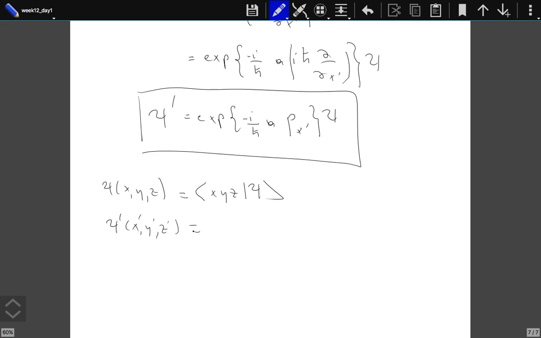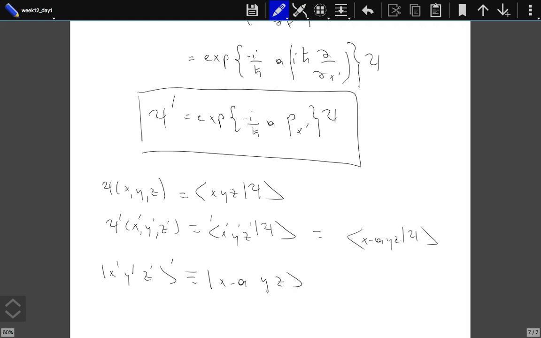I have one more h bar over here, and I think I have a factor of 2 over here. Did I make a mistake somewhere? Okay.